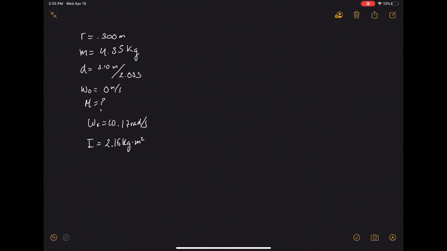Okay, and for the last part, we're going to use a rotational dynamics formula, which is the inertia equals 1/2 m r squared. And now we're going to solve for the mass, which is what we were looking for this whole time.